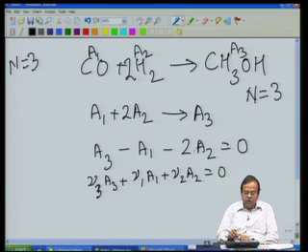All I have done is generalize this reaction by converting the coefficients which appear before A1, A2, A3 into nu 1, nu 2 and nu 3.